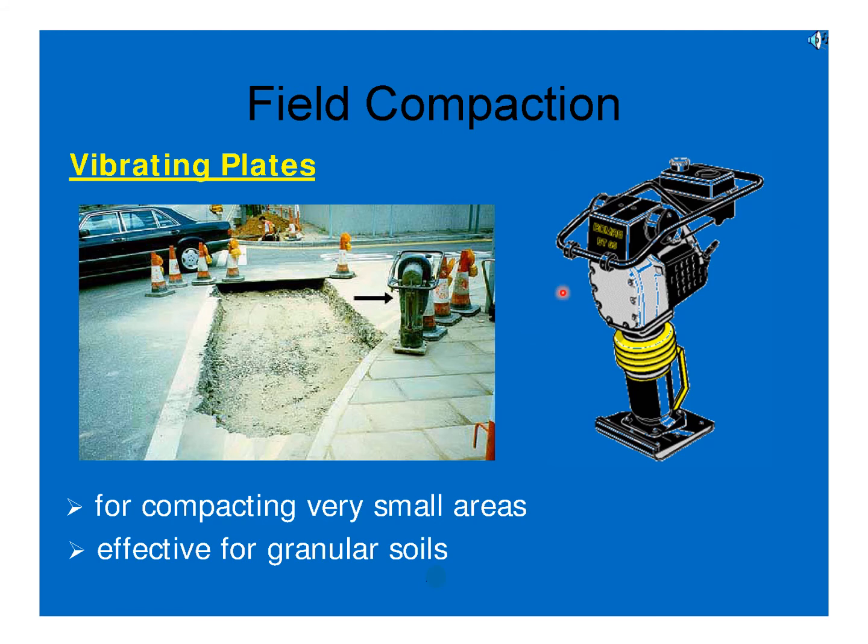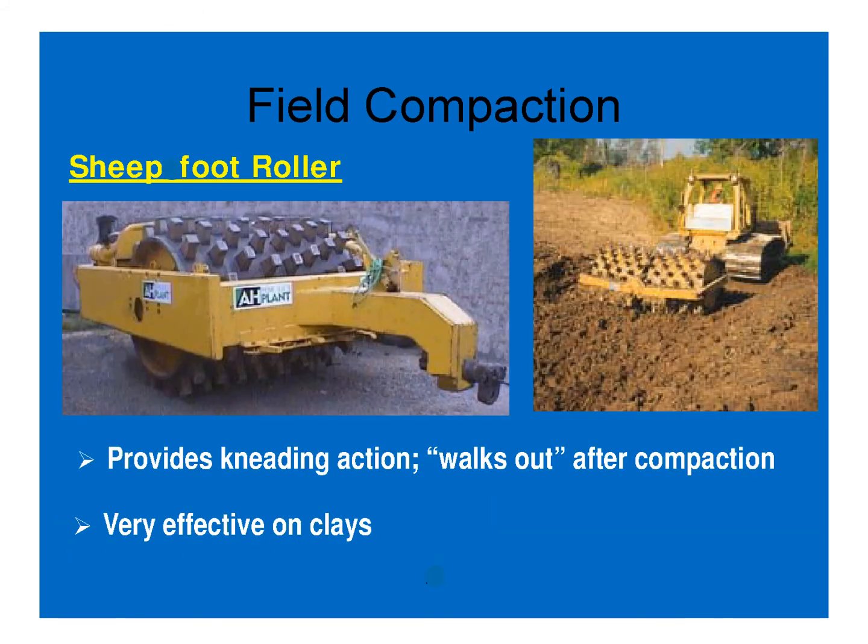Here you can see the vibratory plates for compacting very small areas, effective for granular soils. And here you can see the sheep foot roller, which provides kneading action, walks out after compaction, and is very effective on clays. It would not be wrong to say that the sheep foot roller is the best roller for clays.